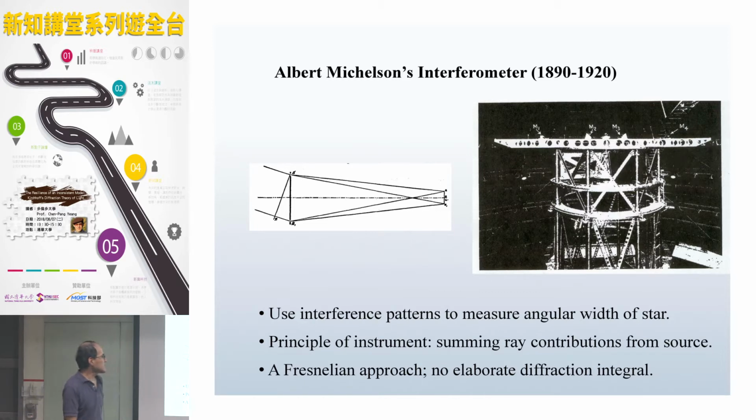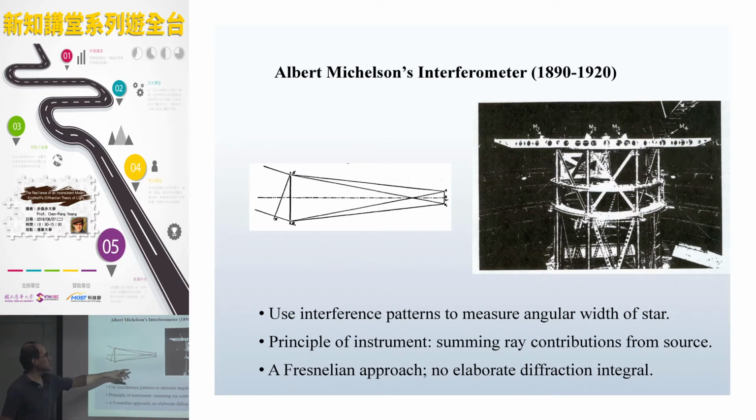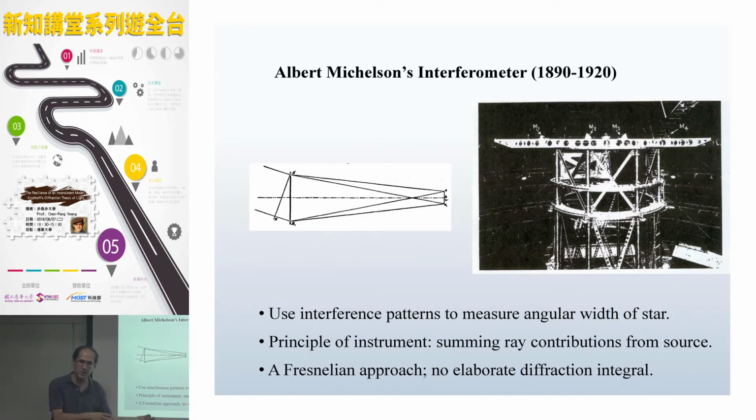But anyway, in his interferometers, he still used the very crude, rudimentary Fresnel approach to estimate the light fields. He used the interference pattern to measure the angular width of stars, and the way he calculated the interference patterns was still to sum the ray contributions from the sources at different points of the aperture. So this is pretty much a Fresnelian approach.